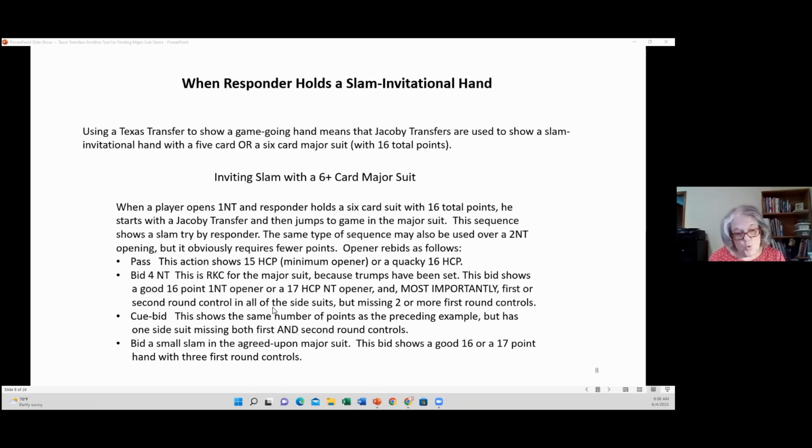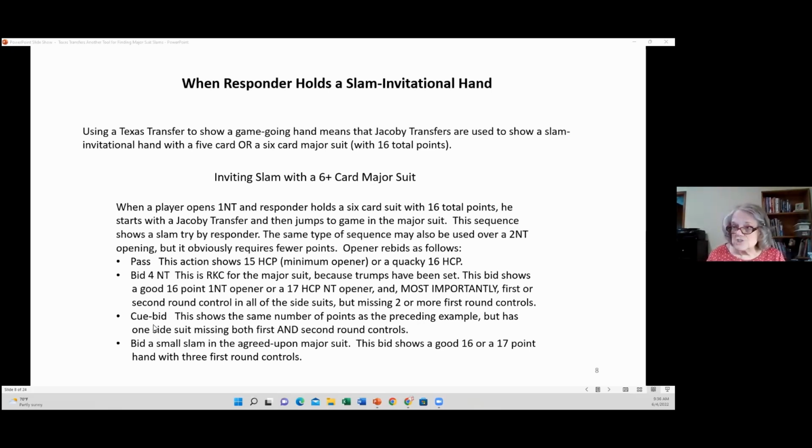So first or second round control in all the side suits for a direct rebid of 4 no trump. Bidding 4 no trump also says, well, I have at least first or second round control in all the side suits, but I'm missing 1 or 2 first round controls.